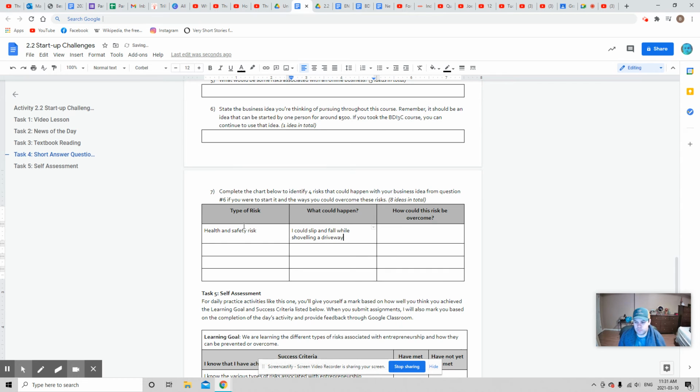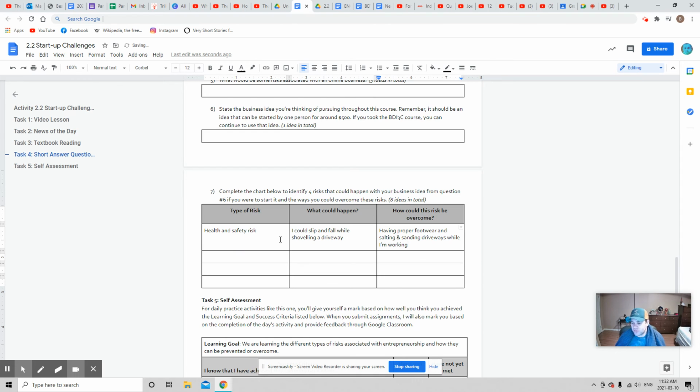A driveway. It's not obviously much to shovel right now, but this is a business I tend to do over the winter. So how can I overcome this risk? Having proper footwear and salting and sanding driveways while I'm working.